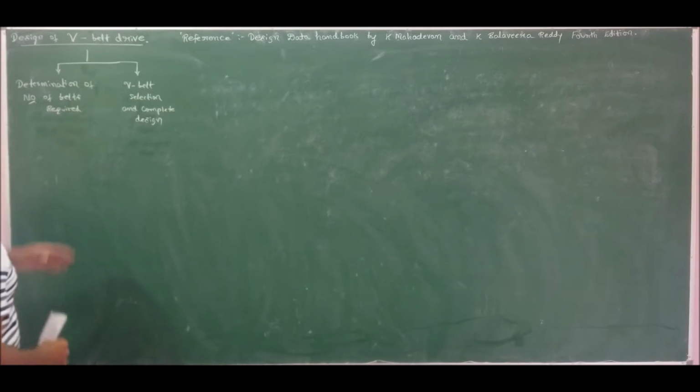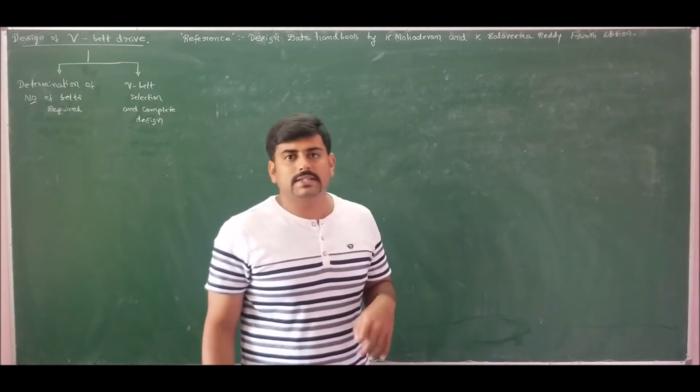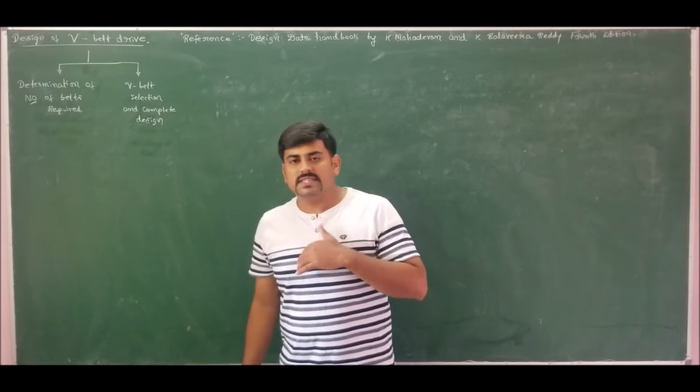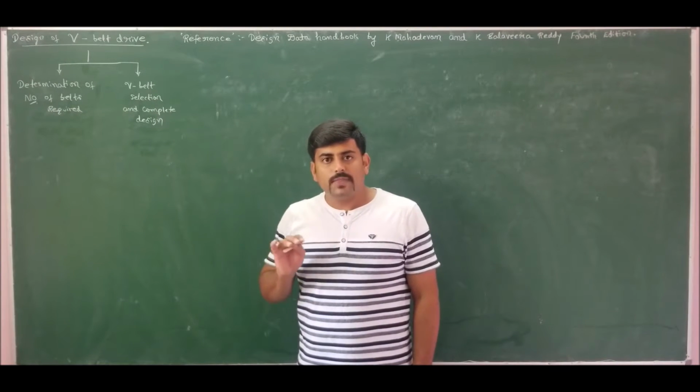Coming to the first category of problem, that is when we are asked to determine how many V-belts are required to transfer the specified power, then we should employ the same procedure that we have used for flat belt drives.